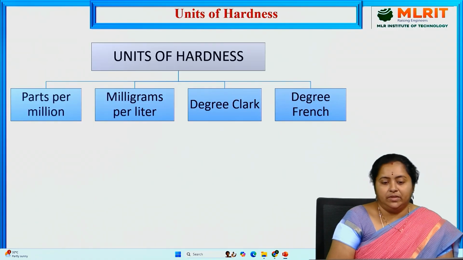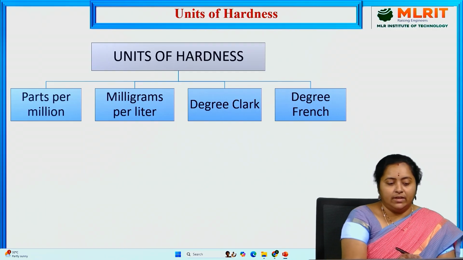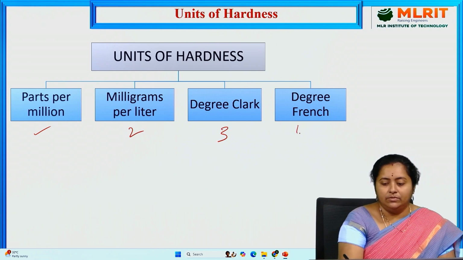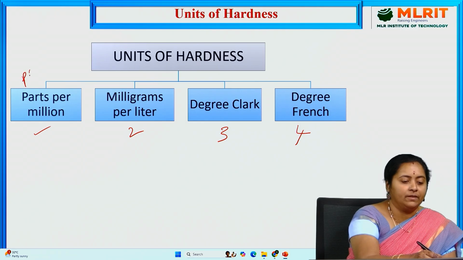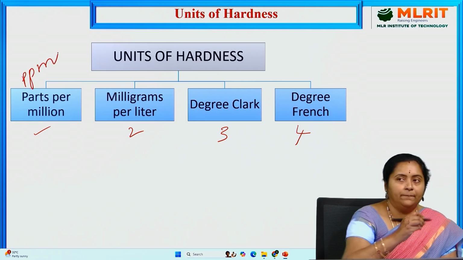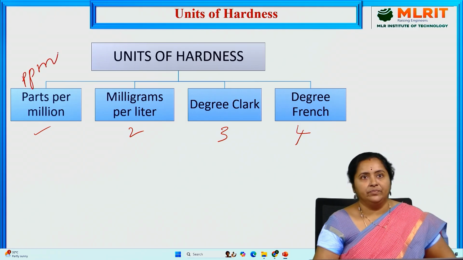And the next topic is units of hardness. What are the different units that we are going to use for expressing the hardness? There are 4 different types. What is the first one? ppm, parts per million.